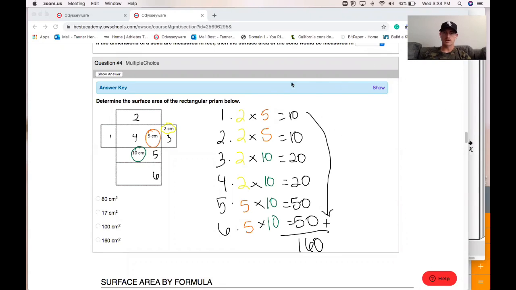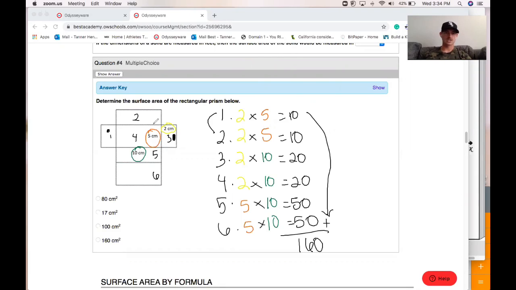We do this because we need to find the surface of each side. So 2 times 5 will figure out this side right here and this side right here. So we have 2 of those. This is a rectangular prism that's unfolded, so it's kind of hard to see.